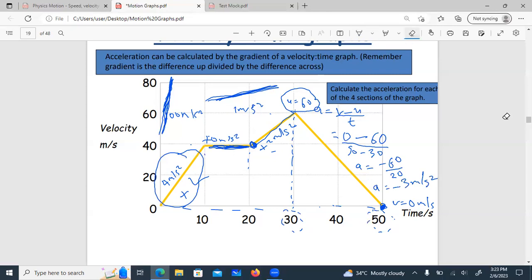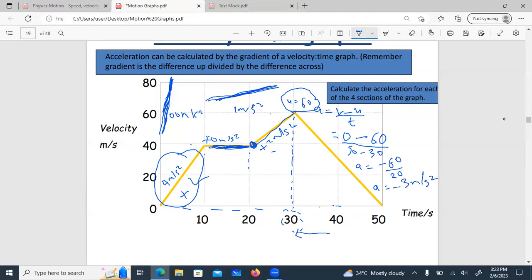So you can see our acceleration is a negative value. Okay, so the slant, the direction in which the slope is slanted is enough to let you know whether you have acceleration or you have deceleration. Now let's calculate our deceleration within the last 20 seconds, okay? Yeah, this is the last 20 seconds.